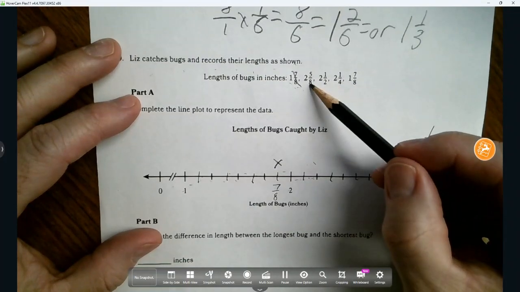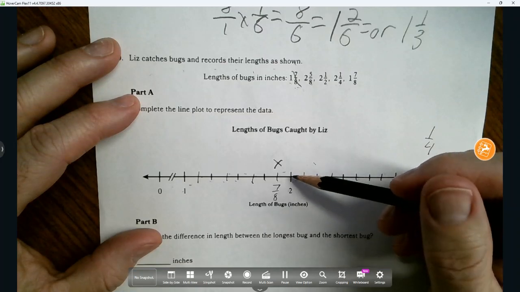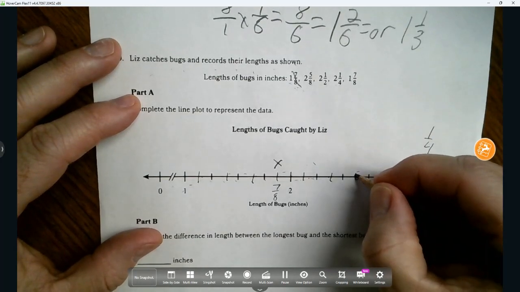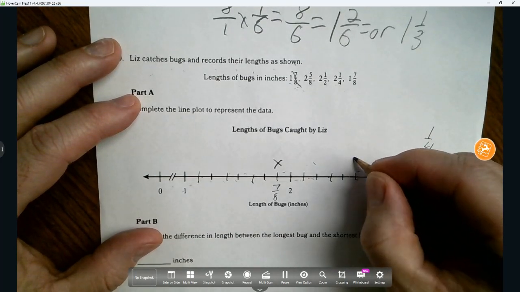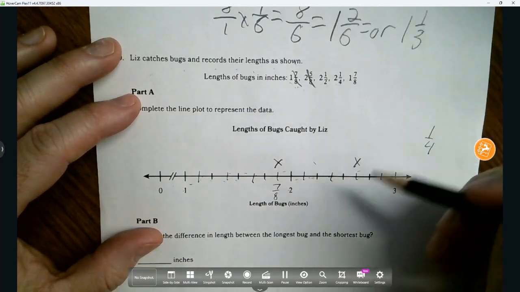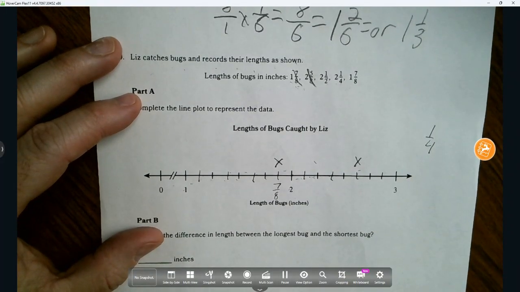All right, now 2 and 5/8. Well, here's 2. So we need to count up 5. 1, 2, 3, 4, 5. There's our 5/8 because we're bigger than 2. Put that X there. We have 2 1/2. Well, what's half of 8? 4.